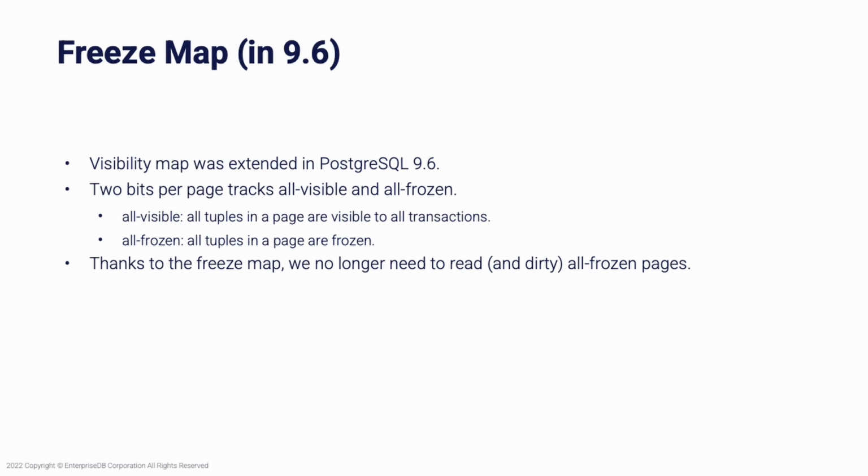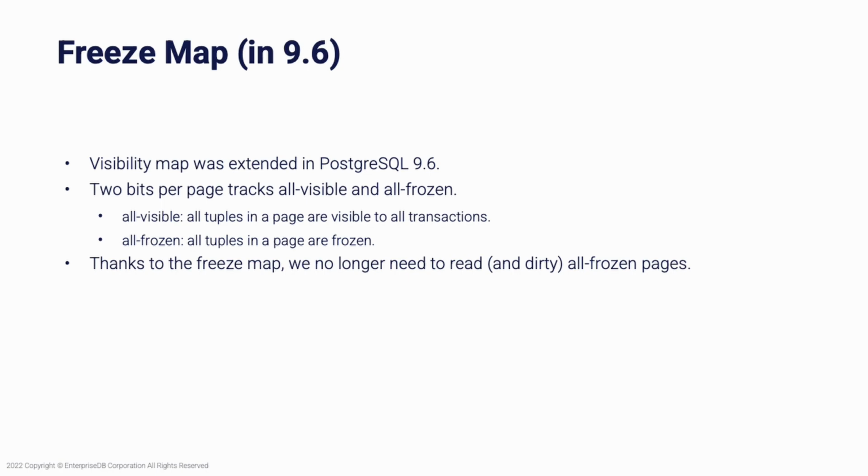While the all-visible bit helps in visibility checks, setting the all-frozen bit means that all tuples on a page are completely frozen, which is used by vacuum. Since we can know whether all tuples on the page are frozen or not by reading just 1 bit, we no longer need to read the pages for freezing purposes.